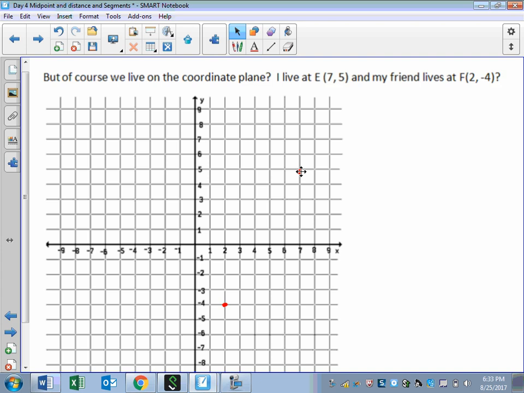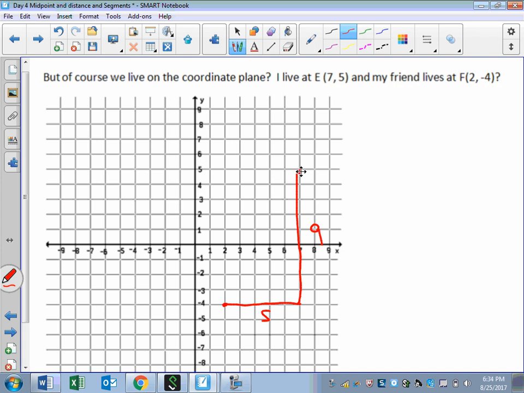If we imagine the coordinate plane as streets, one way we could get to one point from the other is we could go in the x direction, this much, okay? And then we can go in the y direction, this much. So the x direction from 2 to 7, that's 5. And then in the y direction from -4 all the way up to 5, that's going to be 9.